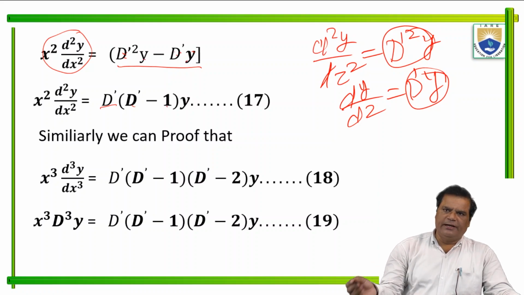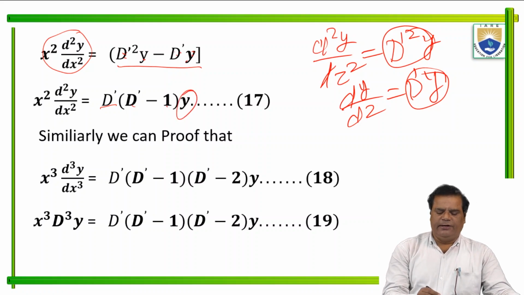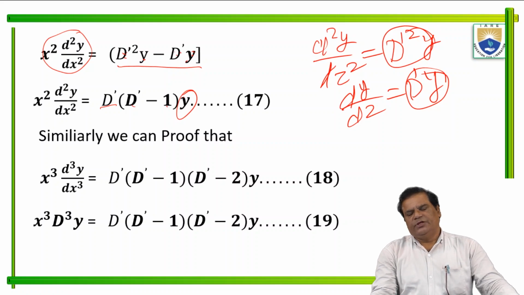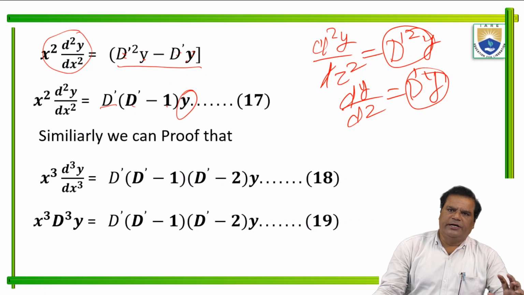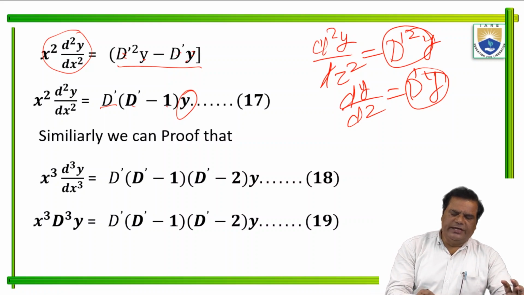And y is common on the right hand side, not the left hand side, because y is differentiated here. If you take y common on the left side, then the question is wrong, 100%. Here y is differentiated with respect to z, so y is a function, and y is taken common on the right hand side.